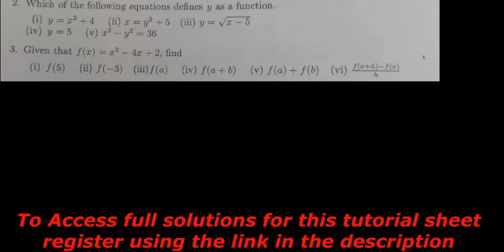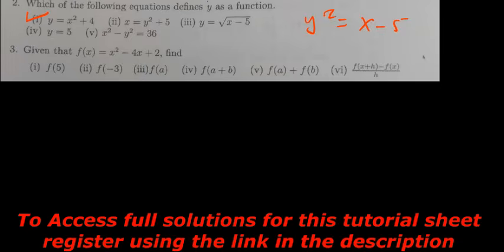So number 1, y is alone. So this one defines y as a function. This one, if I make y the subject of the formula, what I mean is I shift 5, it will be y squared is equal to x minus 5. Now it is telling me that two values of y are mapping into what?